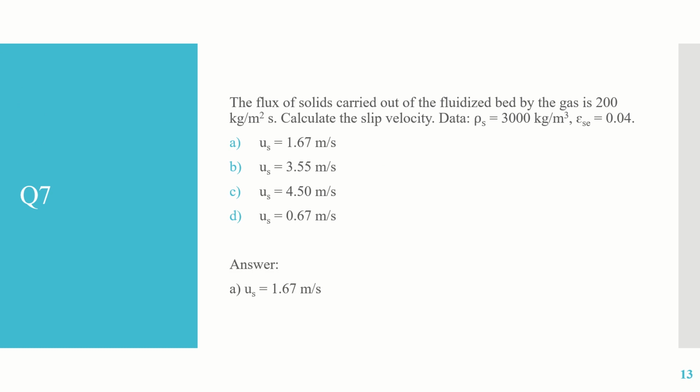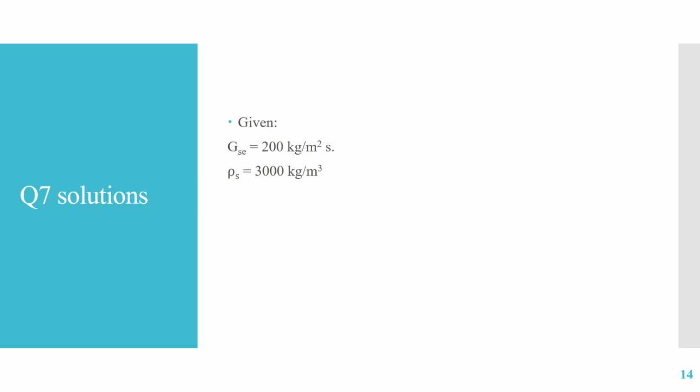First we are asked to find the slip velocity. For that, the flux of solids carried out of the fluidized bed and the density of solids are given. So we input all the information and find the slip velocity Us.